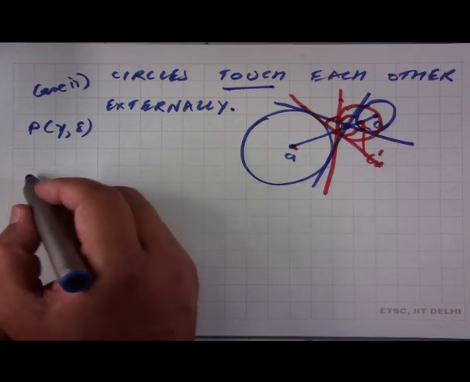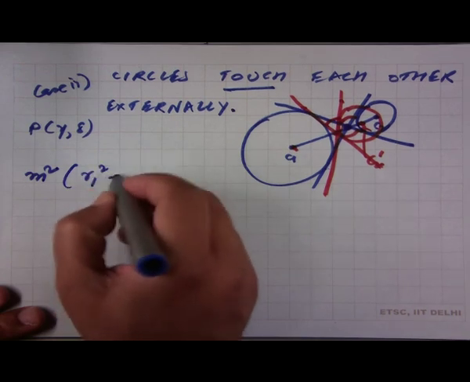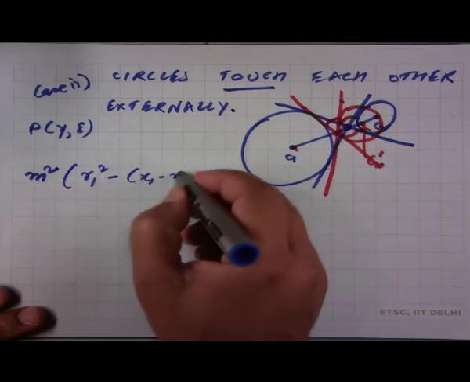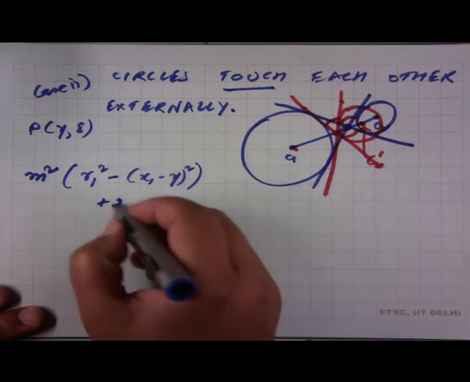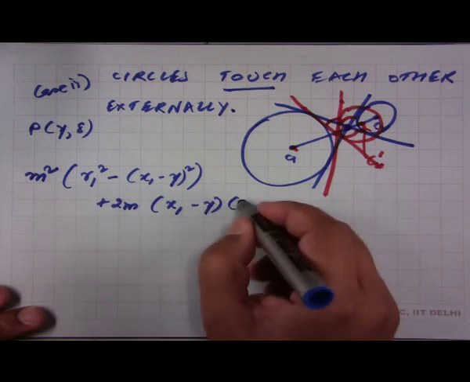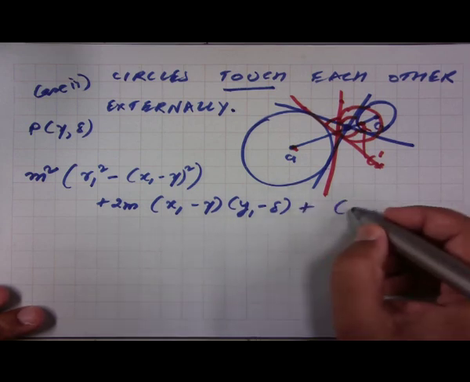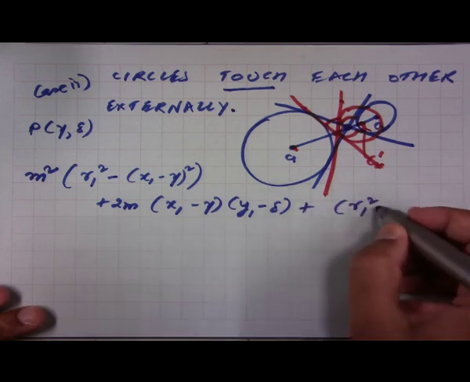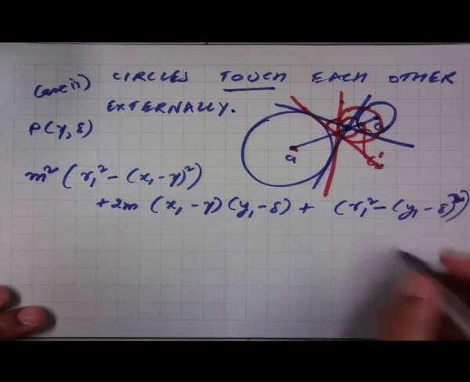So, what we get is m square into r1 square minus x1 minus gamma whole square, plus 2m into x1 minus gamma into y1 minus delta, plus r1 square minus y1 minus delta whole square, this equal to 0.